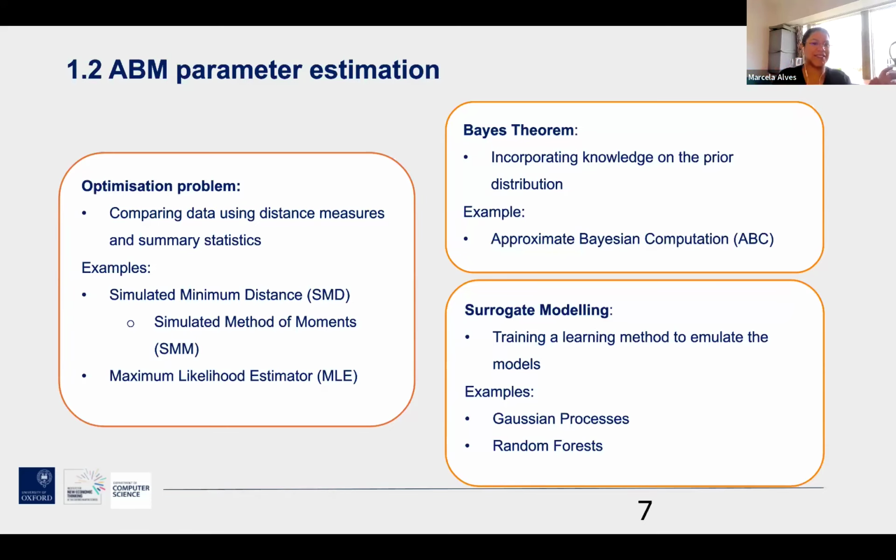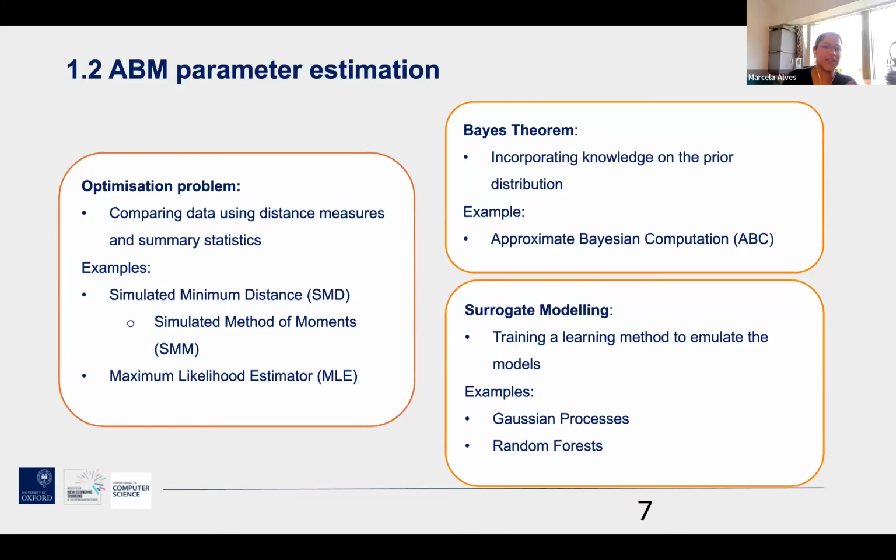or decrease the distance. Here there are very common algorithms that we will find in papers, like the simulated minimum distance, the simulated method of moments, or the maximum likelihood estimator. All those algorithms are based on trying to solve an optimization problem.